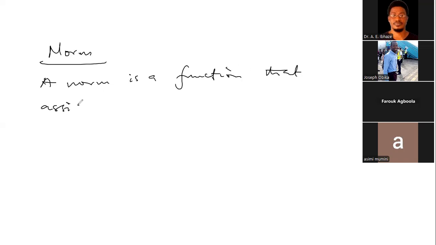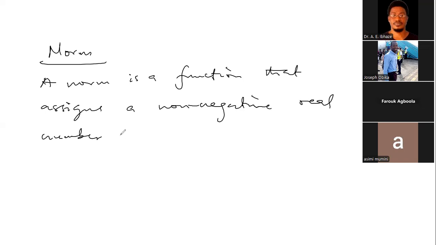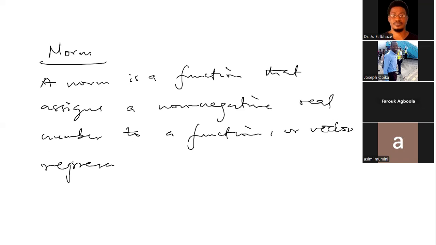We can say that a norm is a function that assigns a non-negative real number to a function or vector, representing a size or magnitude.